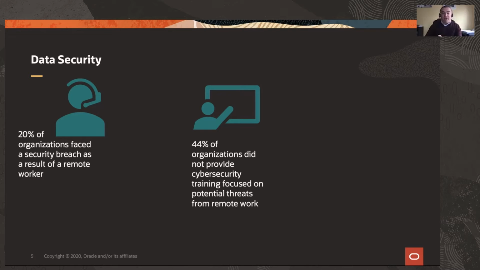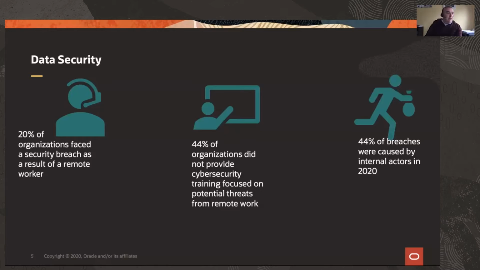A lot of enterprises just weren't prepared adequately for this. And I'm sure this is coincidental, but the same percentage of breaches were caused by internal actors in 2020. That's both malicious and accidental breaches.